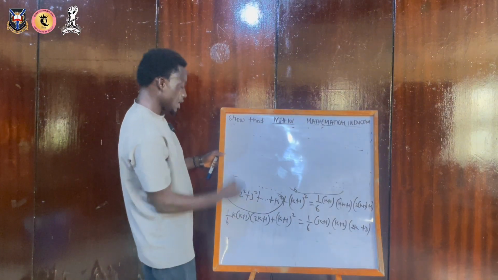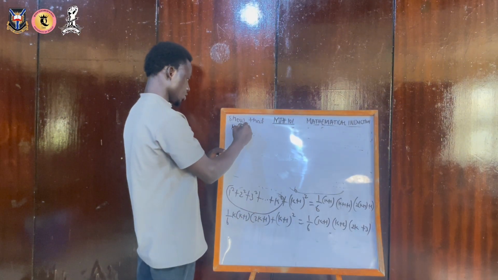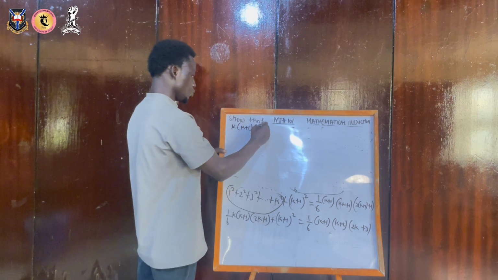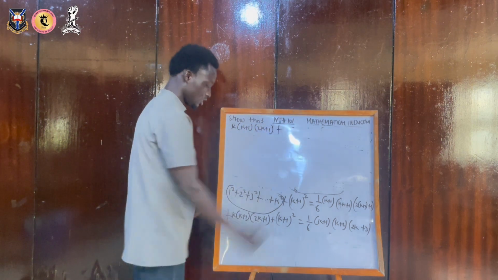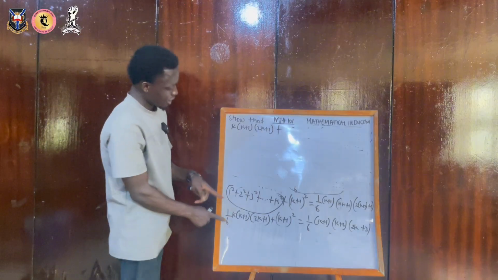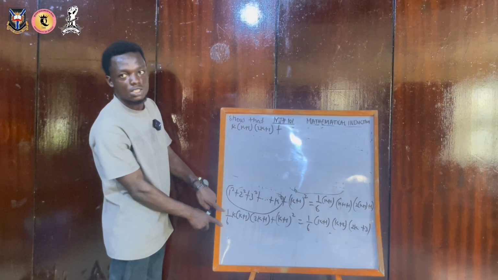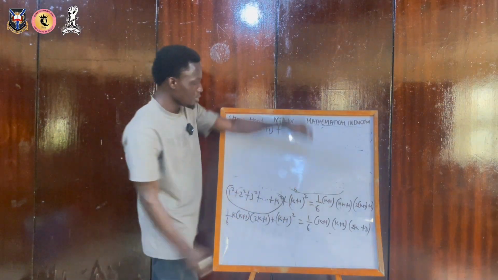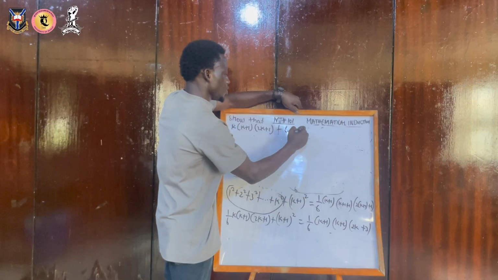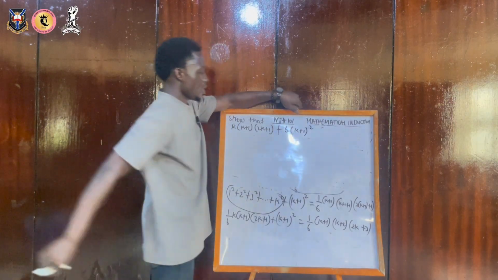If you use 6 to multiply this, you get k into (k+1) into (2k+1) plus, if you use 6 to multiply this one, there will no longer be a 6 there because 6 times 1/6 is 1. If you use 6 to multiply this, you get 6 into (k+1)². Is that clear?